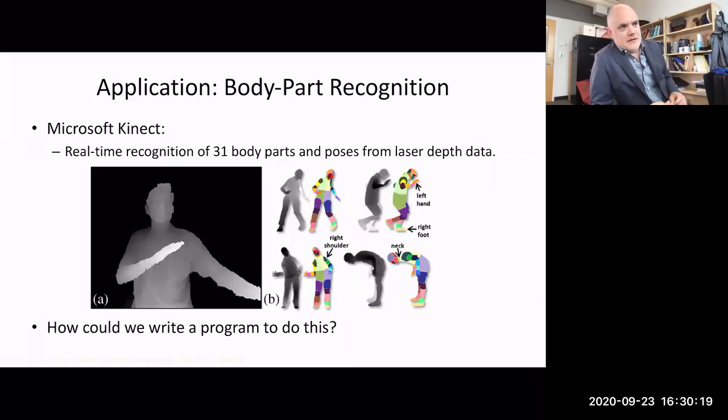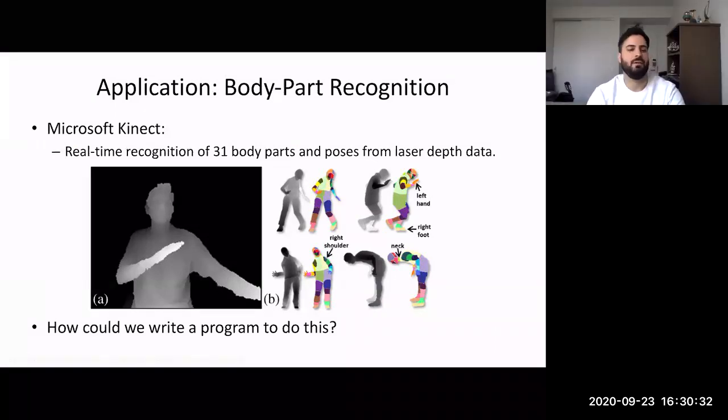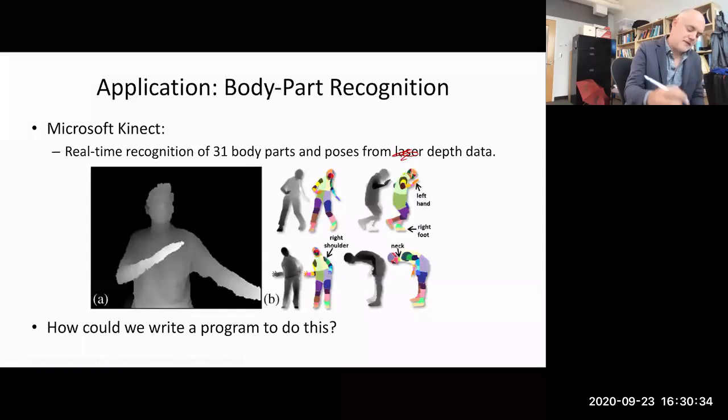Let's build a Microsoft Kinect body part pose classifier. And we're not going to do laser because that's not what it is. We'll do it from IR. That's fine, right?